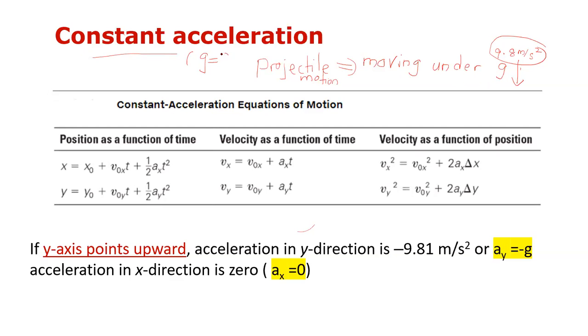We know the number, which is 9.8 meters per second squared. If the book says 9.81, you could use that here. Don't worry about that too much. Your answer would not change much.